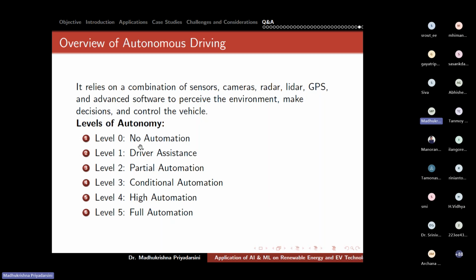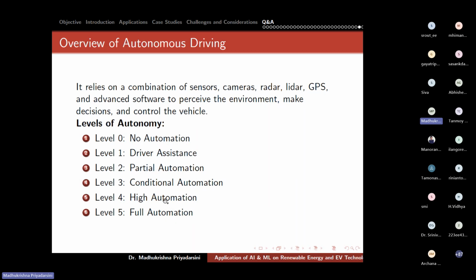So that is partial automation. Conditional automation is basically for a specific kind of road. Suppose it is a hilly area, the driver can take over, or the autonomous driving takes place. So it is only for certain conditions that you can go for autonomous driving.